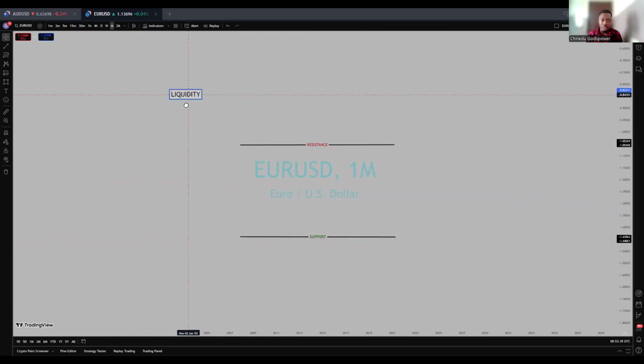What is liquidity? These are those orders resting there. At this spot, we have what? At this point, we have what? Buys. Buy execution. We have buy stops.